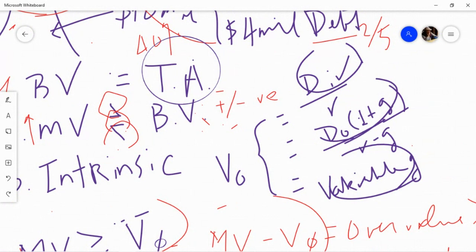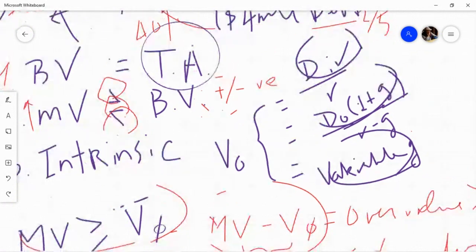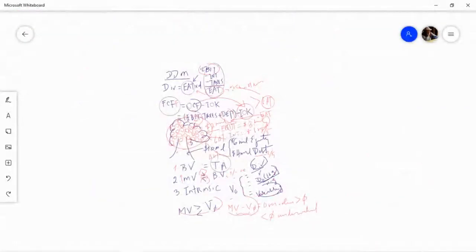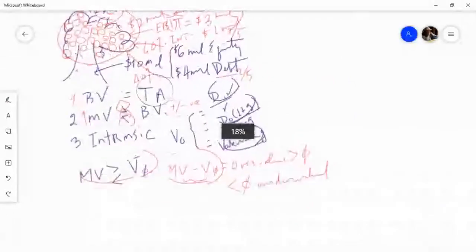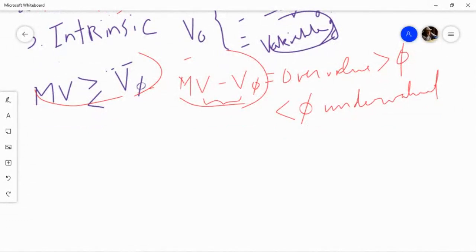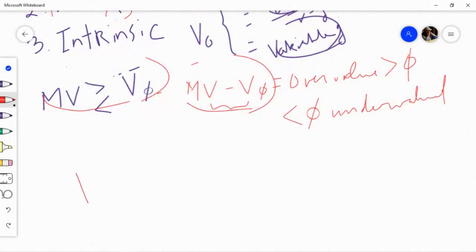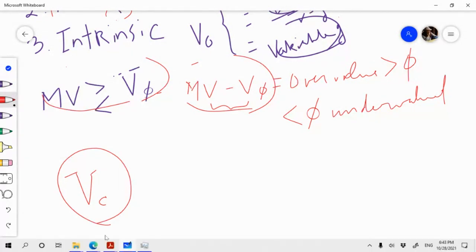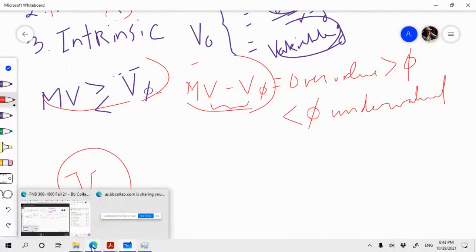Intrinsic value is purely based on the future cash flow, right? Future free cash flow. So the intrinsic value of the firm, that's why V, right? The intrinsic value of the firm is basically all the discounted value.